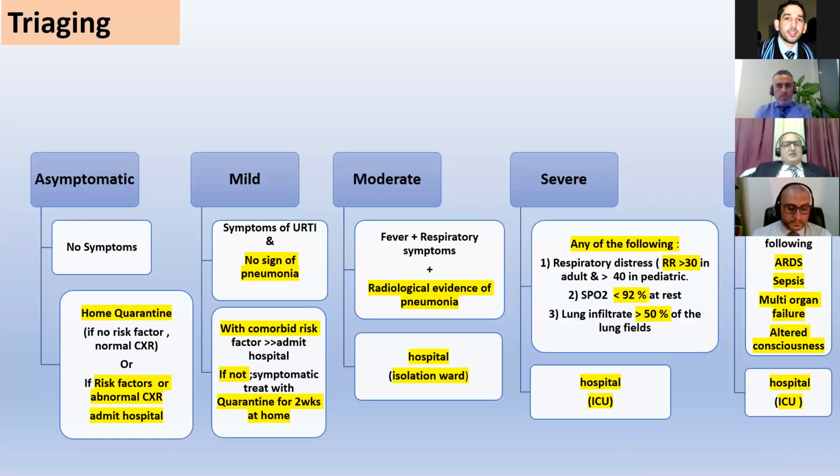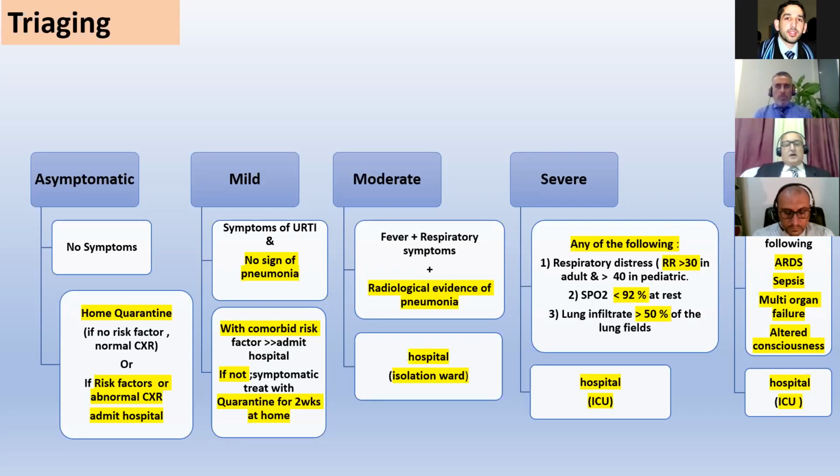What we mean by this is that we should categorize the patients. Asymptomatic patients are those who have either no symptoms, or no risk factors and a normal chest x-ray. In these cases, no need for admission. They should be quarantined at home with all the precautions at least for 14 days till they convert to negative.